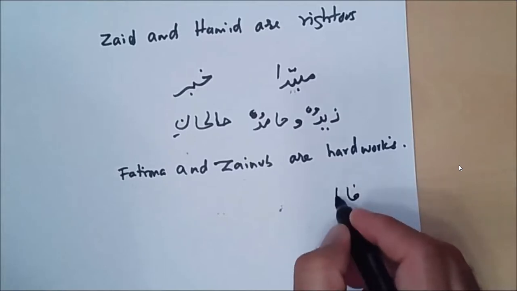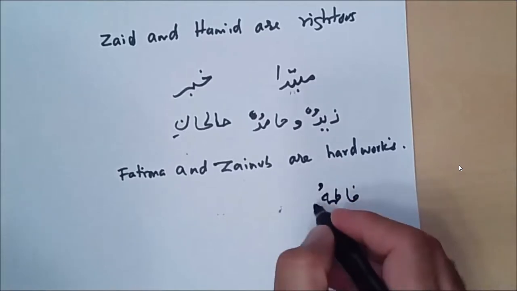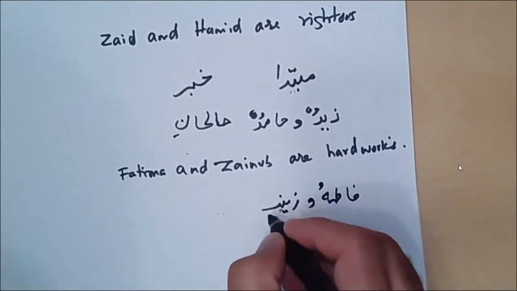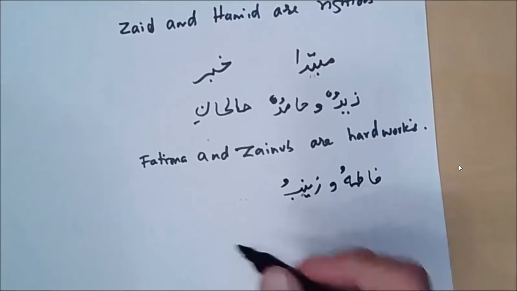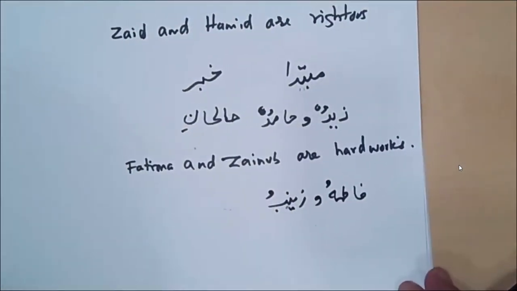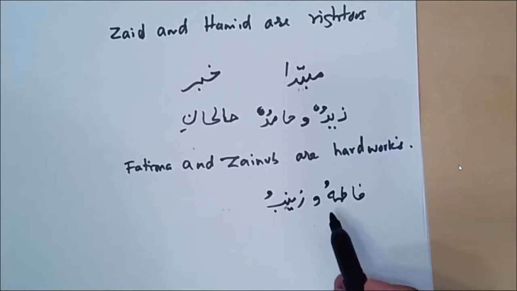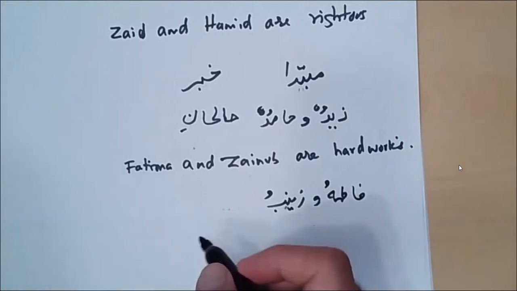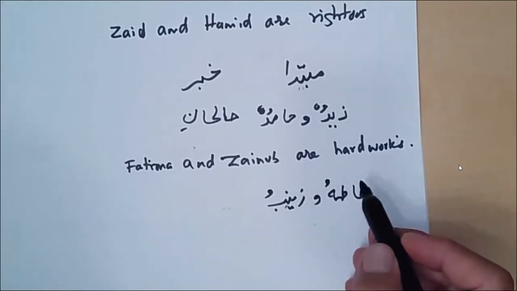Fatimatu wa Zainabu, right? Because we talked about it even 2 minutes ago: we said that the names of Arabic women are ghair munsarif, so they only take one dhamma. So what is the Arabic of hardworking?